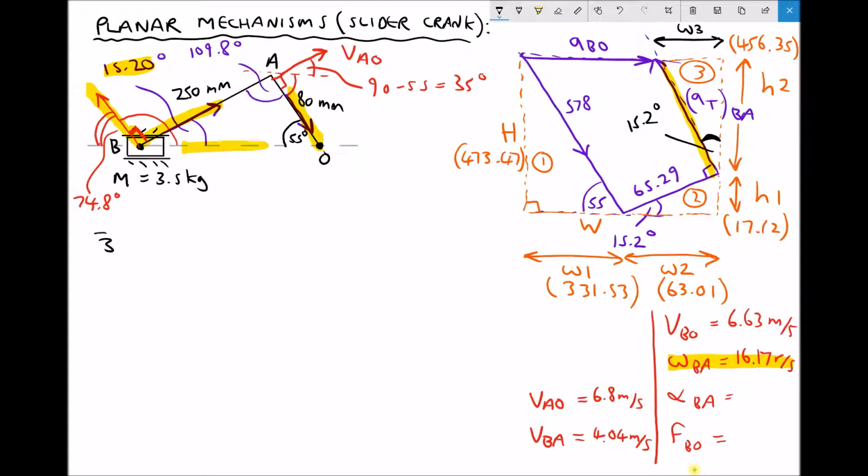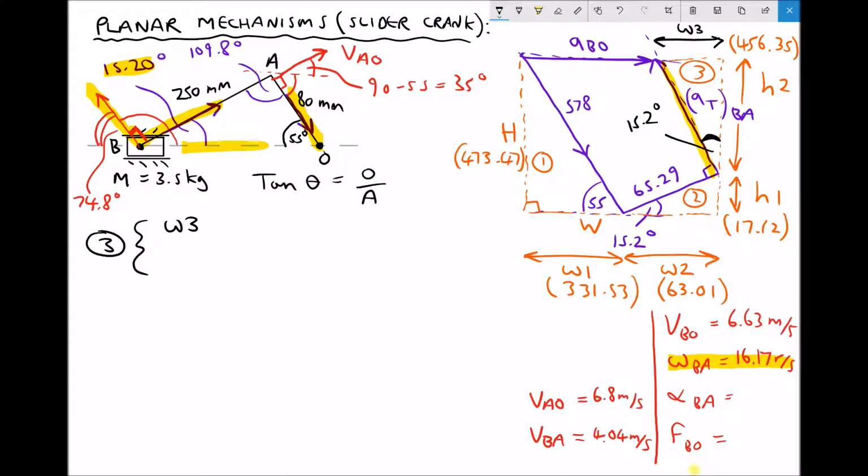So using triangle 3, and we want to find W3, we can see that W3 is opposite the angle, and we know the length of H2, which is the adjacent on the triangle. The trigonometric formula we're going to need to use here is tan theta is opposite over adjacent, or opposite is adjacent tan theta.